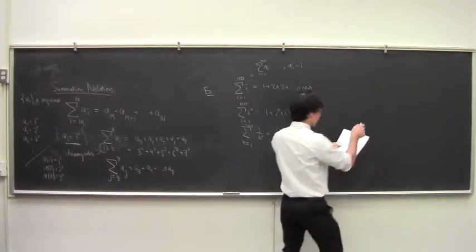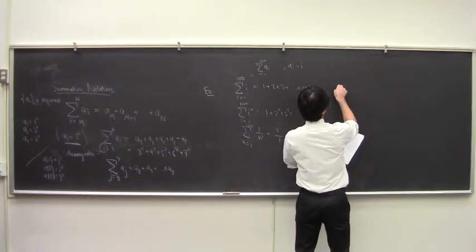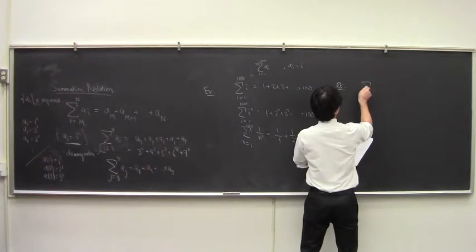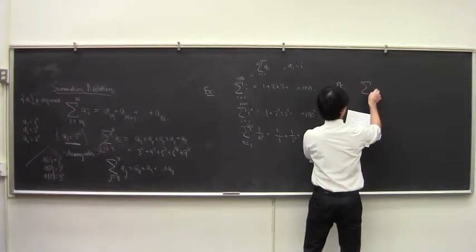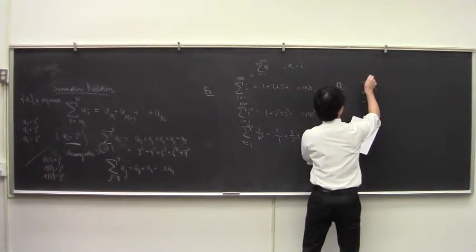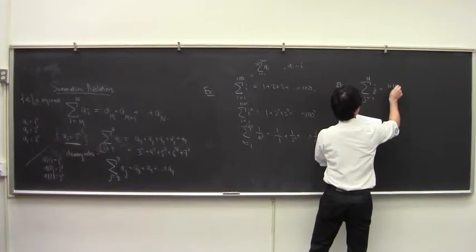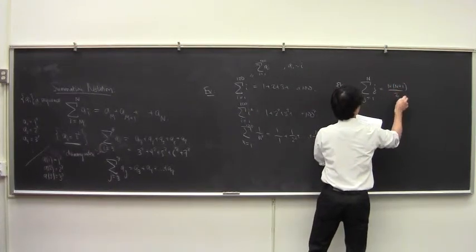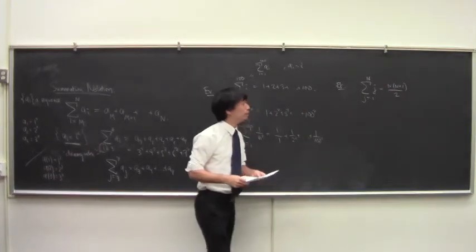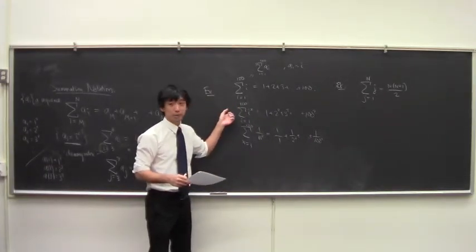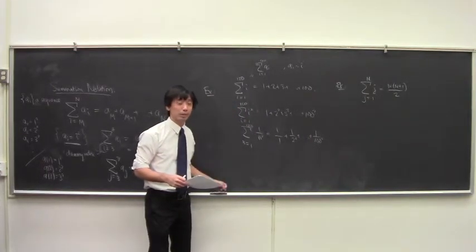So there's a formula. If you take the sum of numbers from 1 to n, it actually turns out to be n times n plus 1 over 2. And there are formulas for sums of squares, sums of cubes, etc., etc.